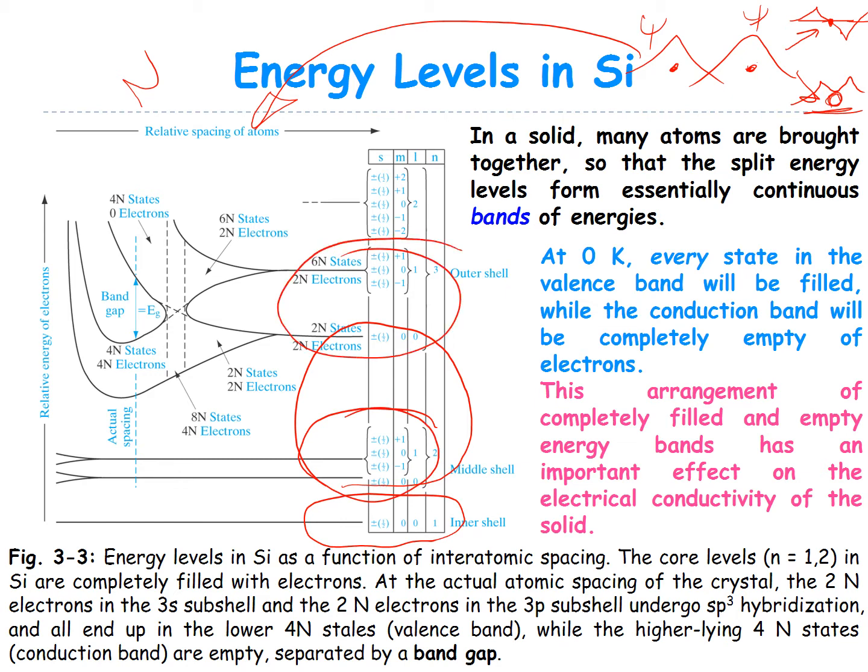So this is the 1s, this is the 2s, this is the 2p, and then this is the 3s, and this is the 3p. Remember that in silicon, in the third outer shell, you have 3s and 3p.